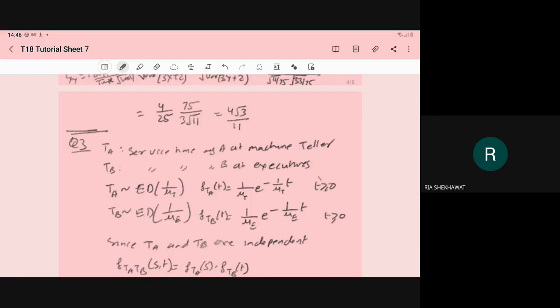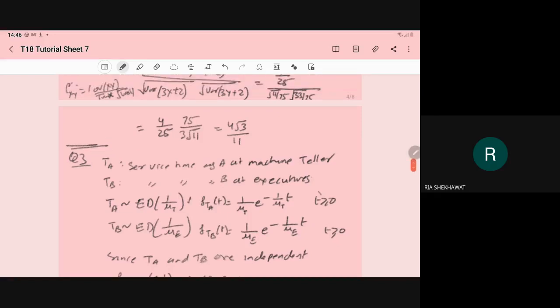So the corresponding PDF, since they follow the exponential distribution, for TA will be 1 upon mu t e to power minus 1 upon mu t into t, and for customer B, f of TB is 1 upon mu e e to power minus 1 upon mu e into t, for t greater than or equal to 0.